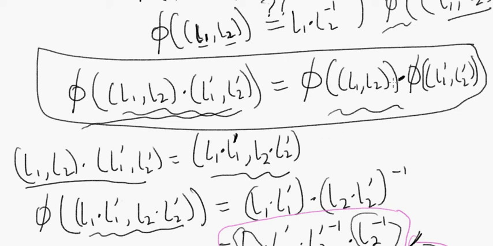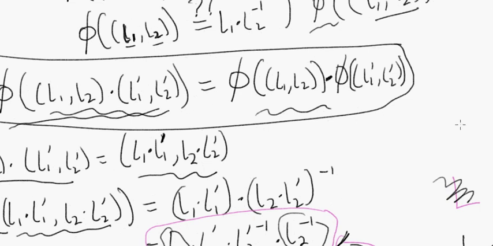Right? So what does that mean? At least phi is a homomorphism.